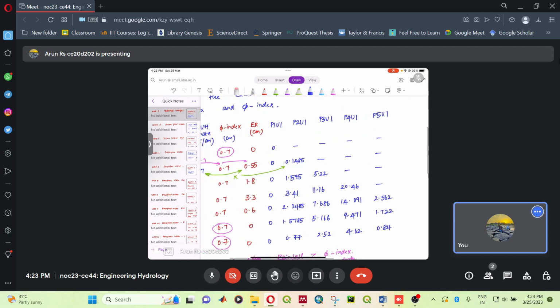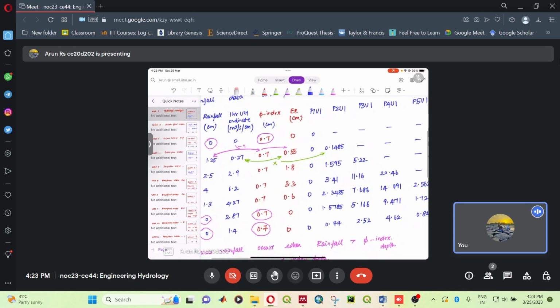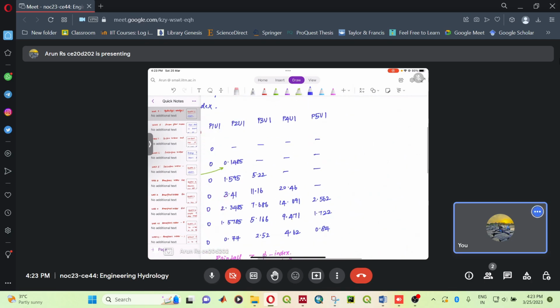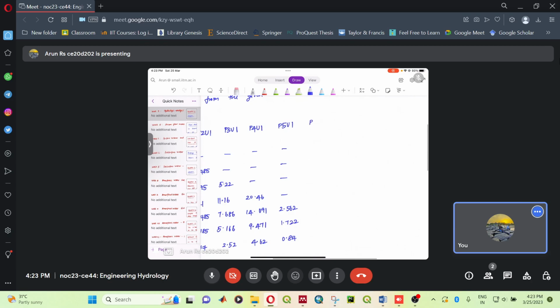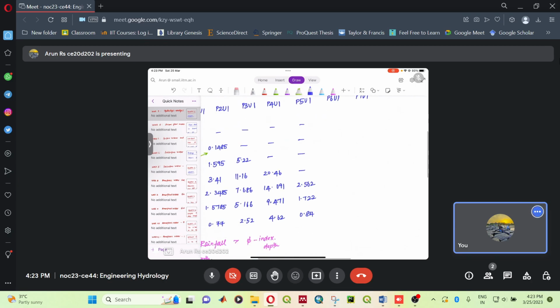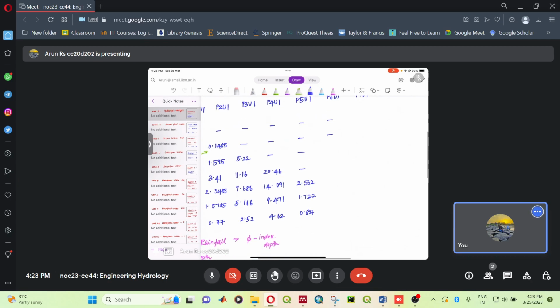Then P6 is 0 and P7 is also 0. P6 U1, P7 U1, that is the last 2 rows of rainfall. We don't have any values.